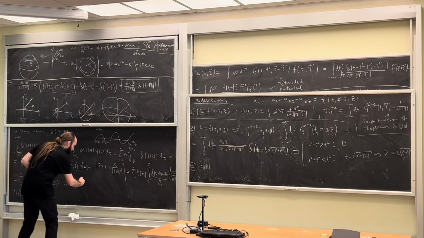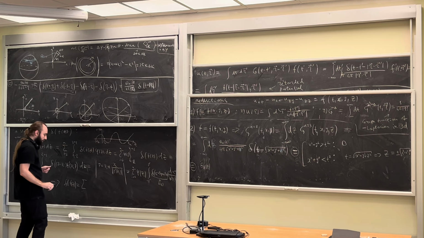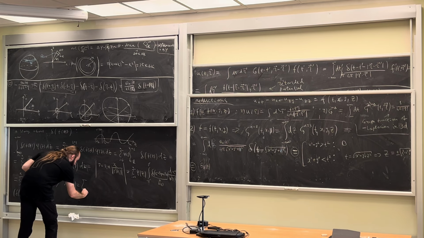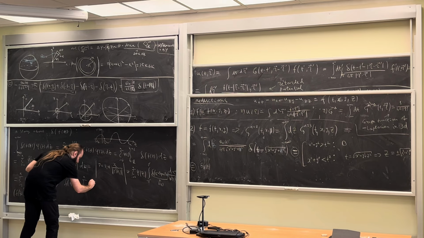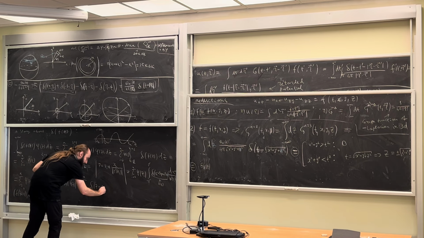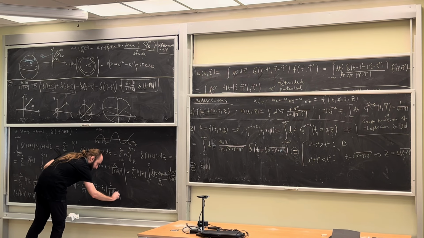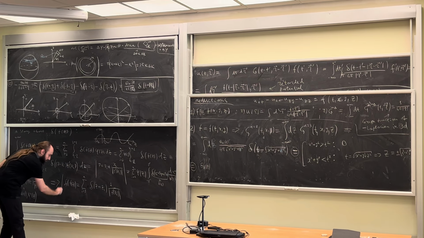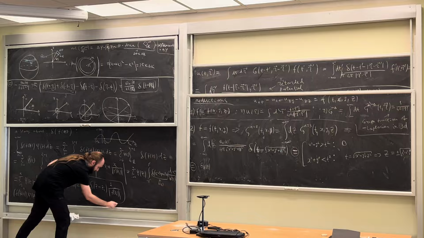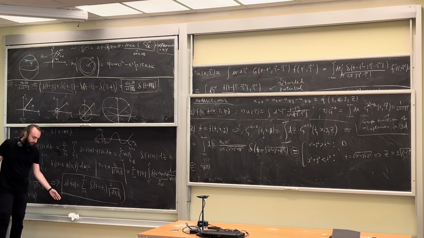Yes, thanks. Delta of z minus zi, times 1 over the absolute value of f prime of zi. So there is this simple formula.